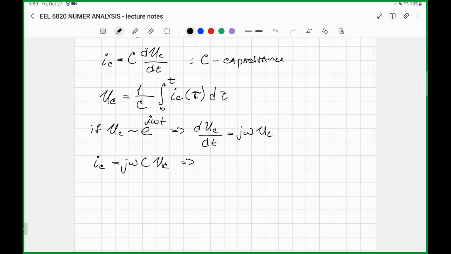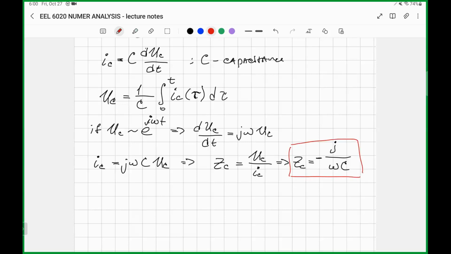If I again introduce the impedance of this element as the ratio of the voltage drop over the current, it is going to be 1 over j omega C, or multiplying both parts by j, I get minus j in the numerator.